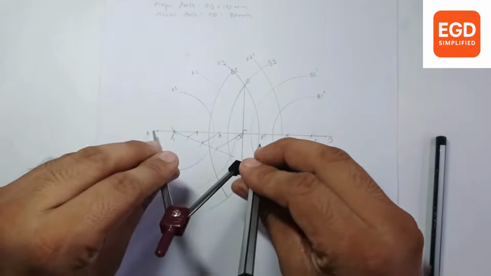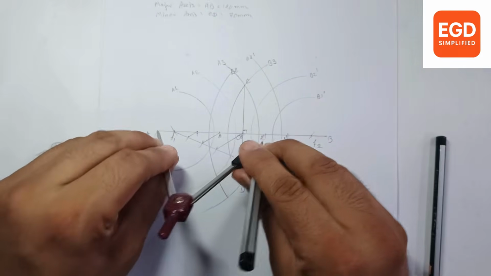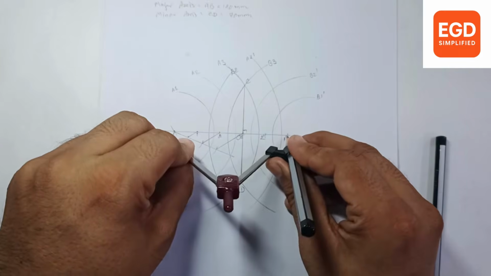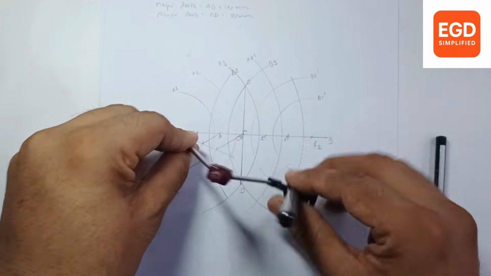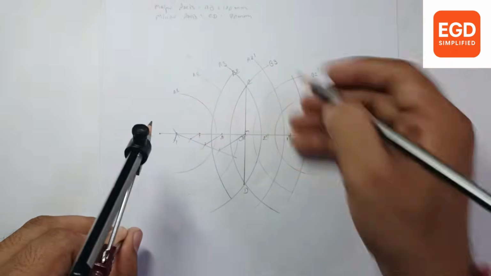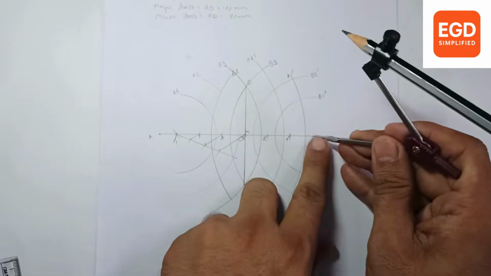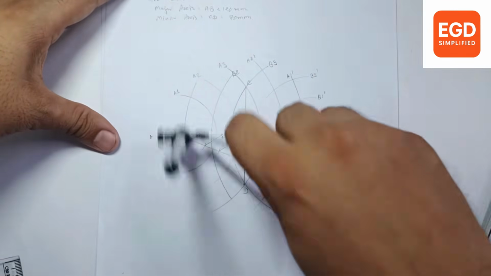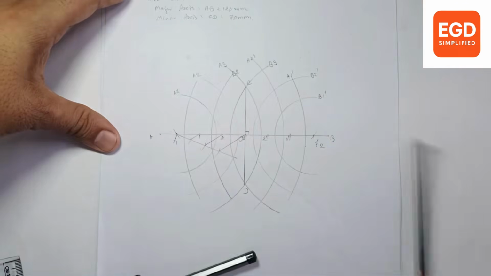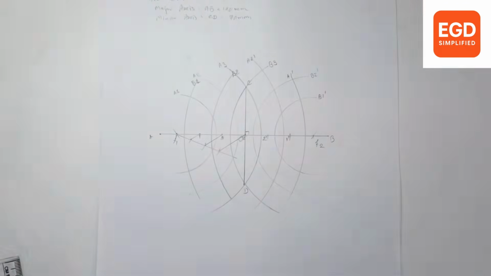Take a measurement from A to 1 dash. Put your rounder on F1. Draw an arc. Give the name A1 dash. Similarly from F2, draw an arc. Give the name B1.